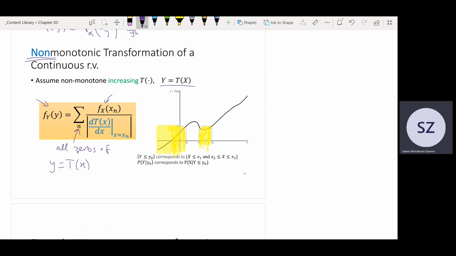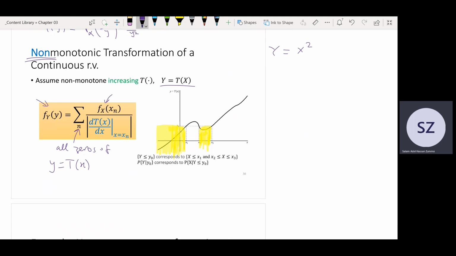So basically, for example, y equal x squared. How many zeros does it have? Plus or minus square root of y. So basically, in this case, this summation will have two values, or two basically terms that we need to add.